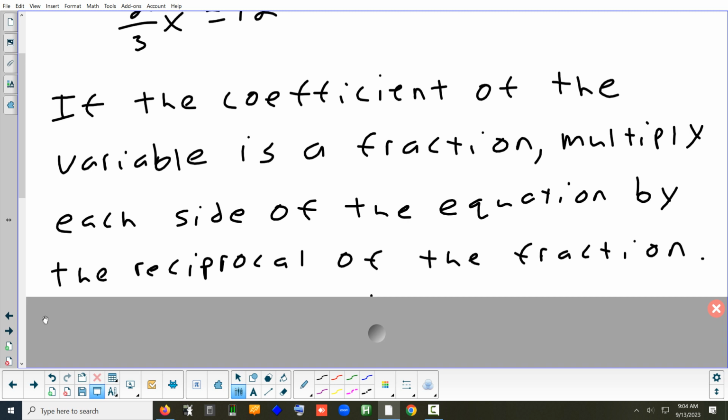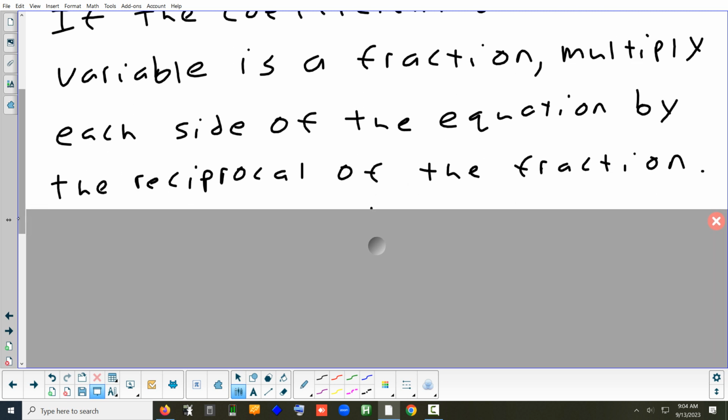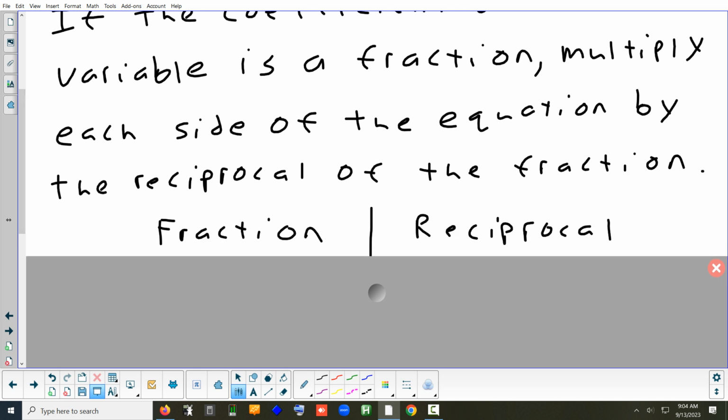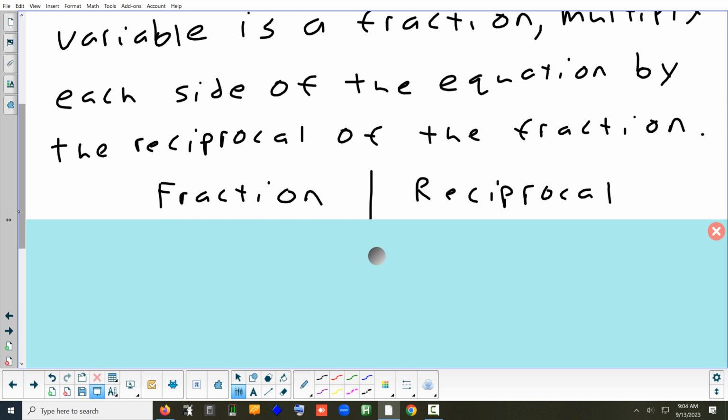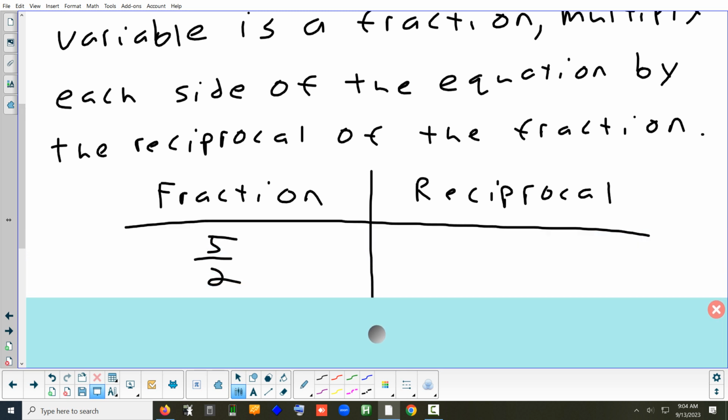We'll try that, but first let's make sure we know how to find a reciprocal. Right below that, you have a little table in your guided notes. We have a fraction side, and then a reciprocal side. On the left, I'm going to give you a number, and on the right, I want you to find the reciprocal.